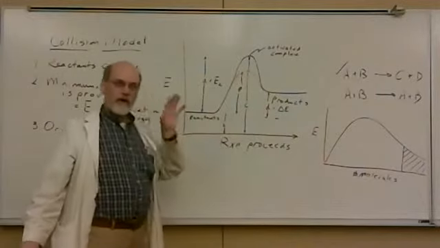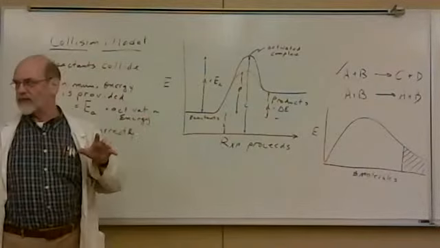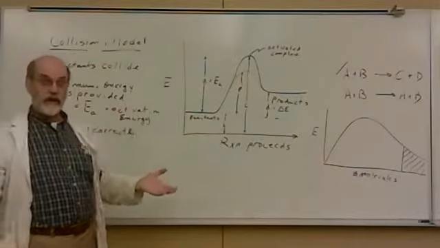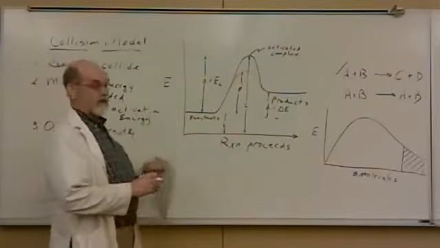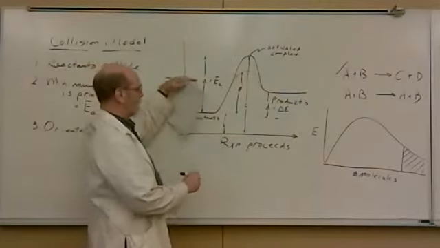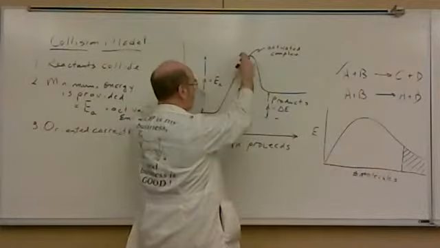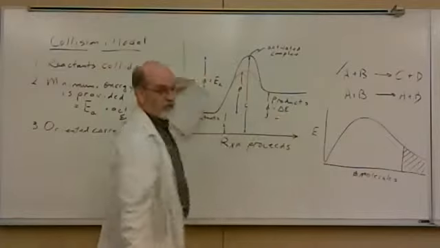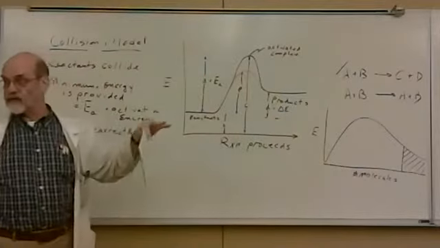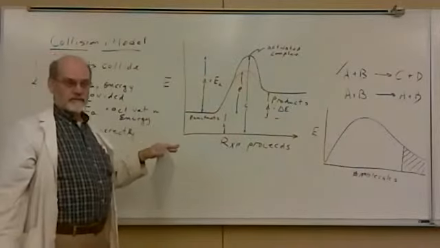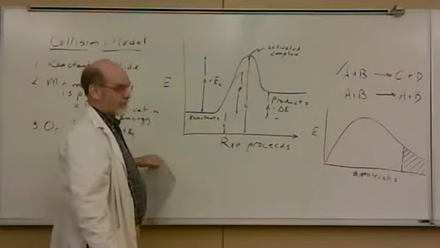So think about it. What would an exothermic reaction diagram look like? It would be just the opposite. This would be high, and that would be low. Then you would put in a certain amount of energy, and you get a lot more back than you put in. That would be exothermic. Okay?